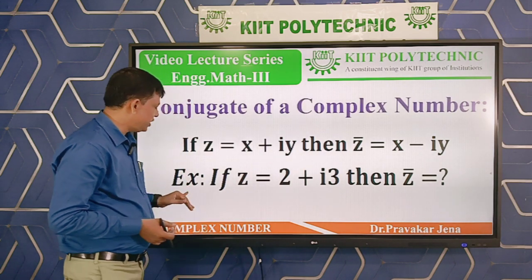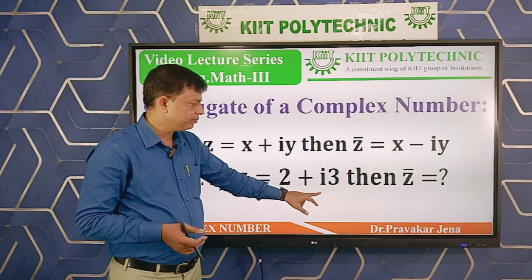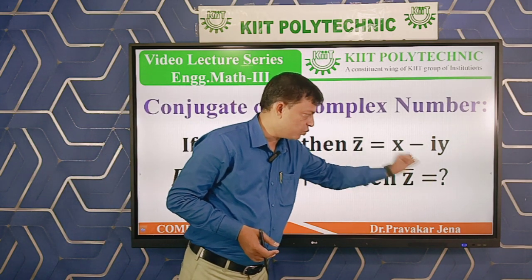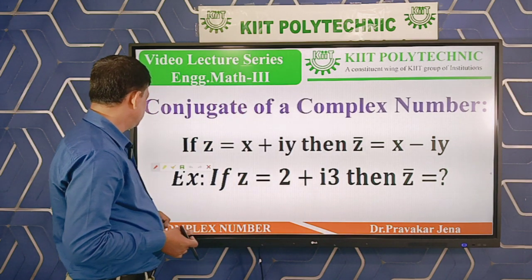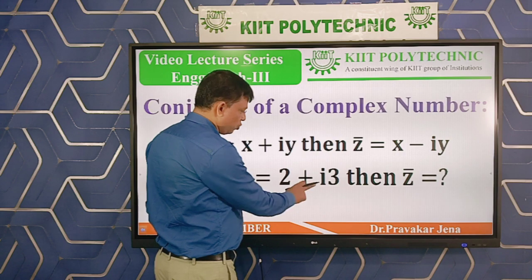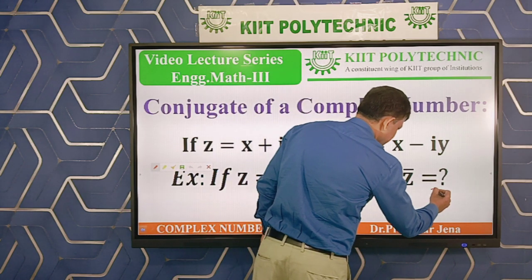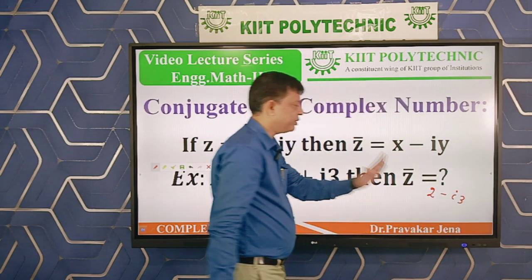One example I have taken: z equals 2 plus i3, then what is z bar? Here is the question mark. So z equals 2 plus i3, then z bar equals, what is the answer here? 2 minus i3. This is the z bar.